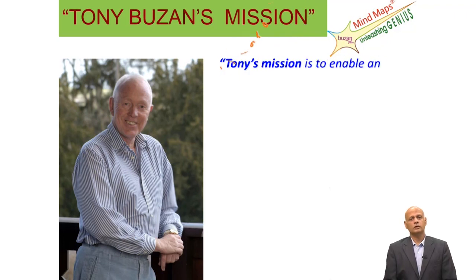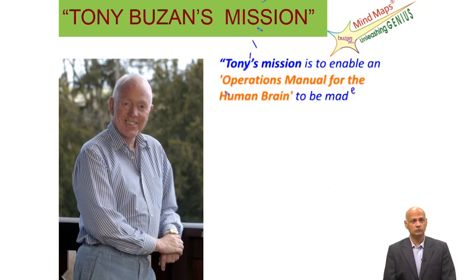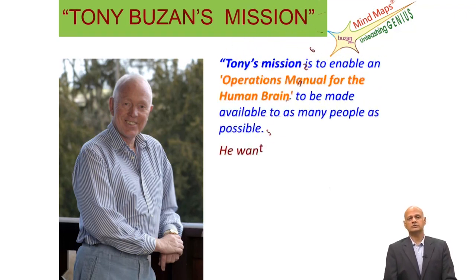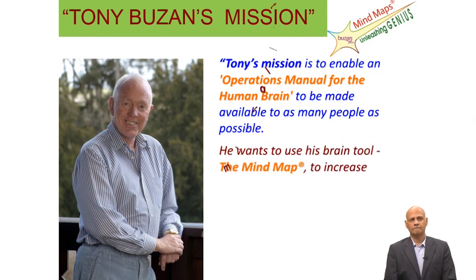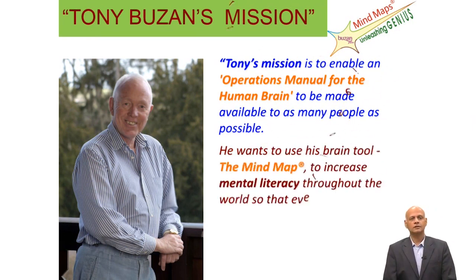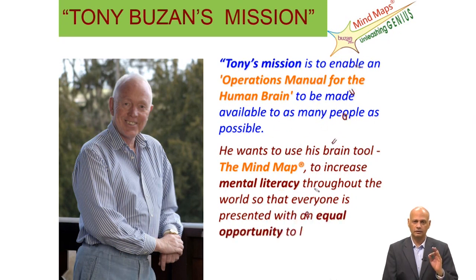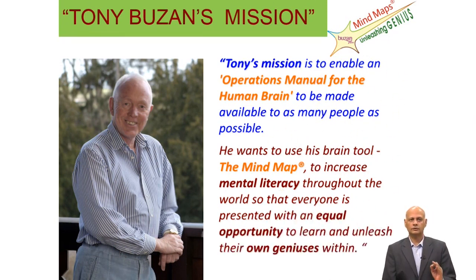Mind map was given to the world almost 50 years ago by this amazing gentleman called Tony Buzan. His mission is to equip every human being with the operations manual, how to use the brain more effectively. It is a very simple technique, but a very powerful one at that.